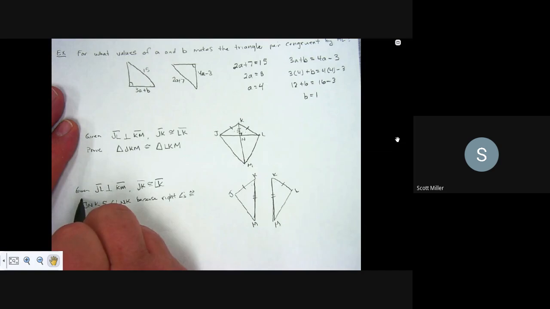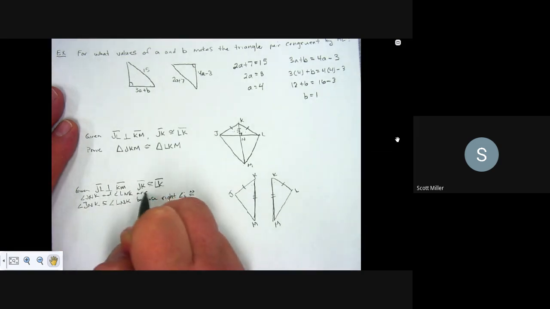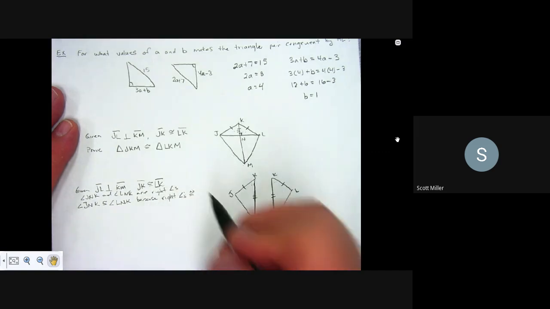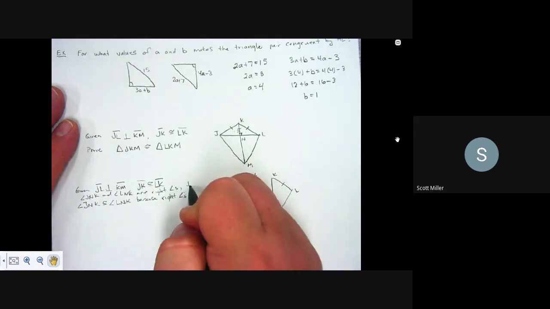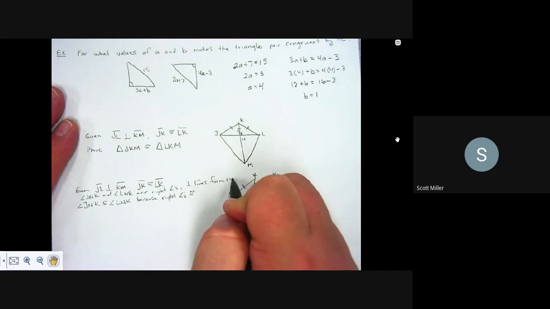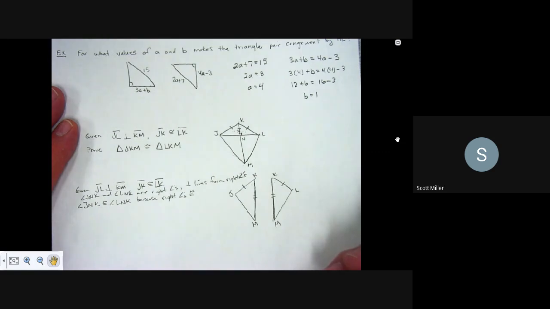I can put right up in here that angle JNK and angle LNK are right angles because perpendicular lines form right angles. Perpendicular lines form right angles. Now they're congruent.